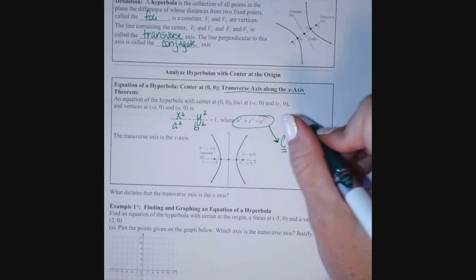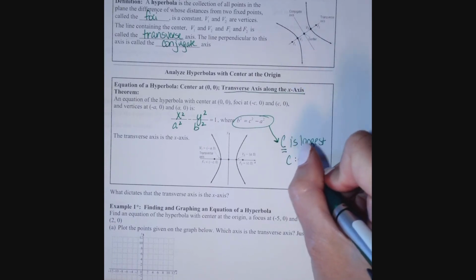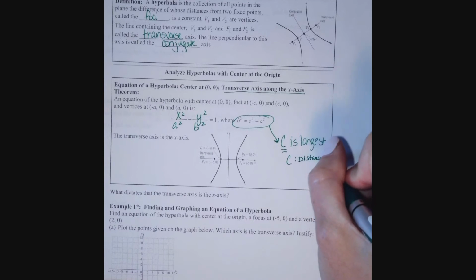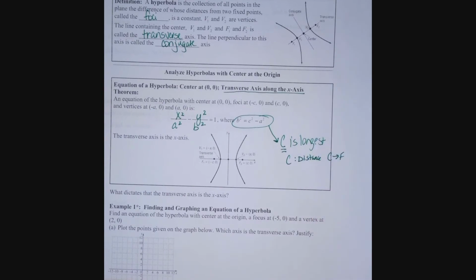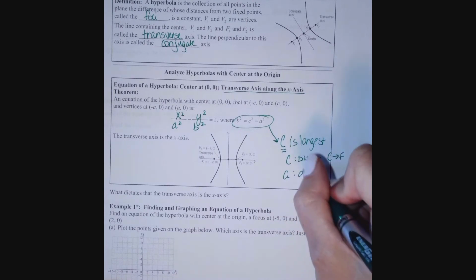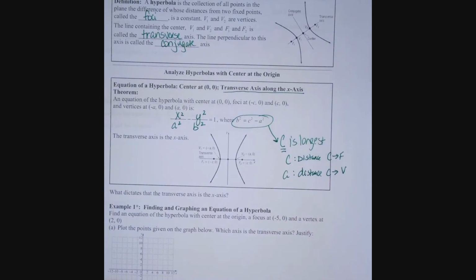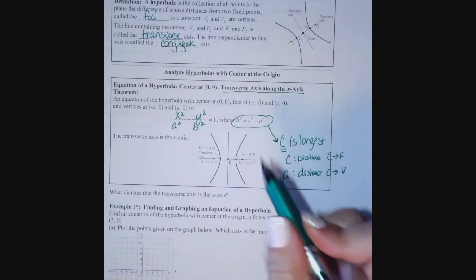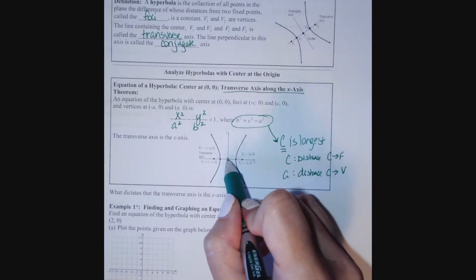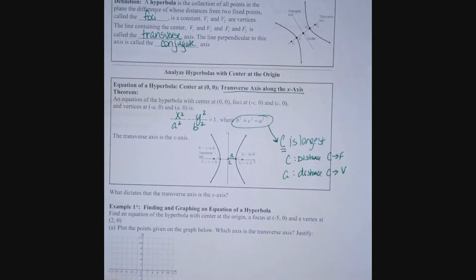C represents the distance from the center to the focus. A represents the distance from the center to the vertex. Notice we've got center here, so center to the vertex is a, but it's shorter than c.